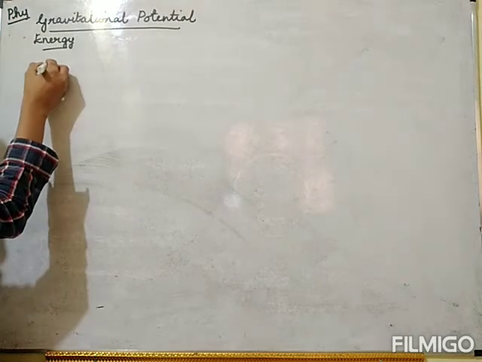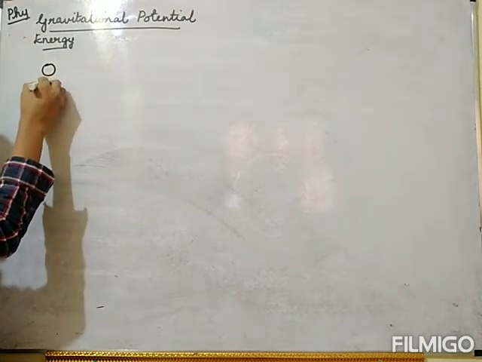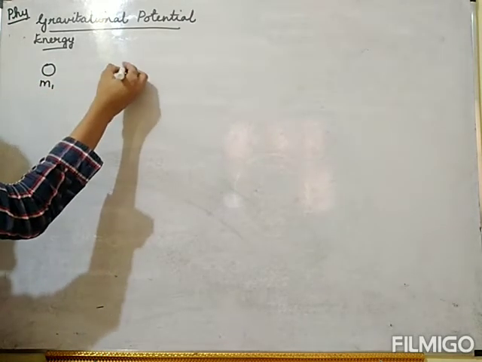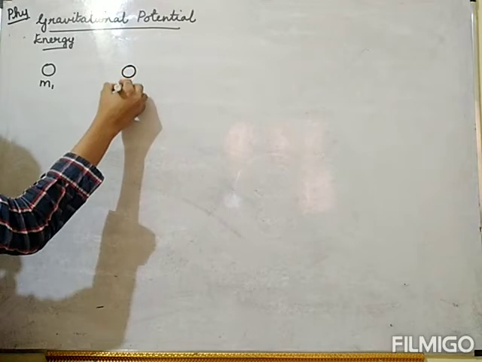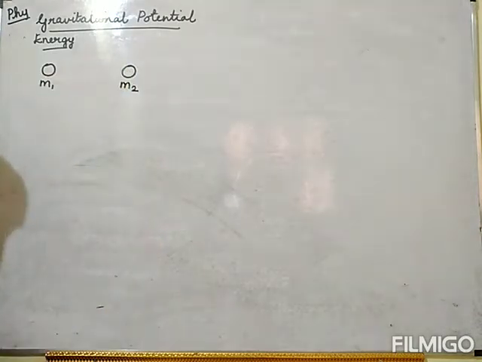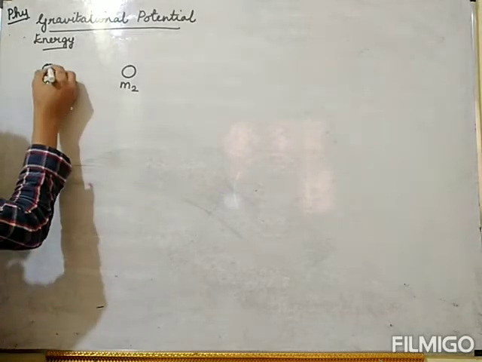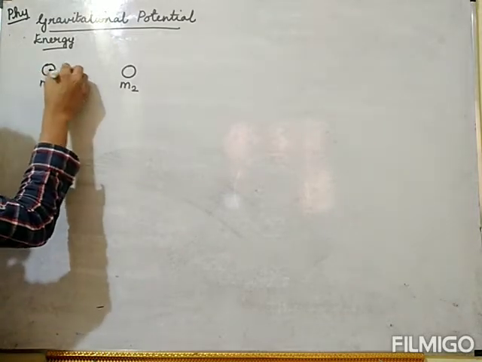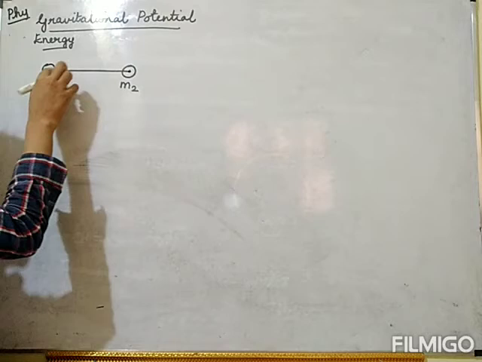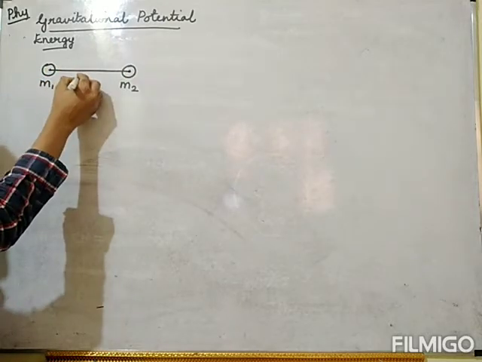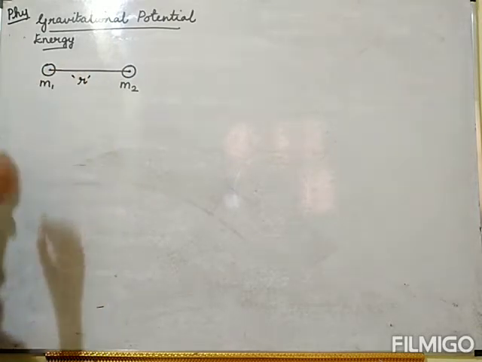Now there is one body of mass m1, and another body of mass m2. I am taking two cases. The distance between m1 and m2 is r.